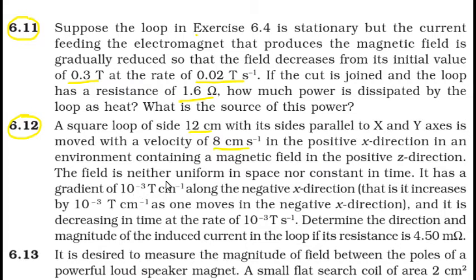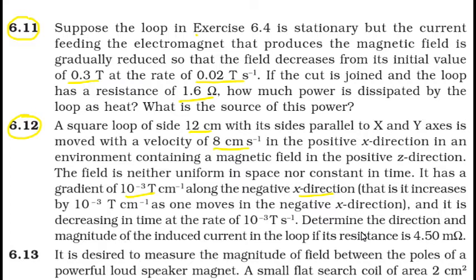The field is neither uniform in space nor constant in time. It has a gradient of 10 to the power minus 3 Tesla per centimeter along the negative x direction.